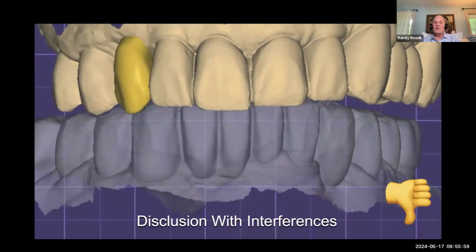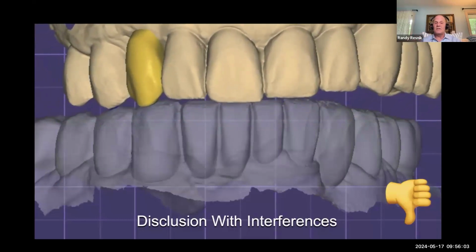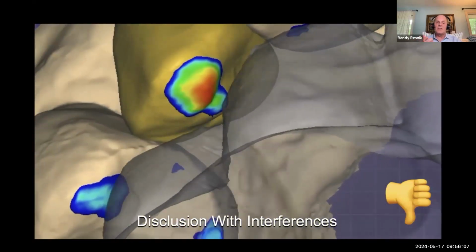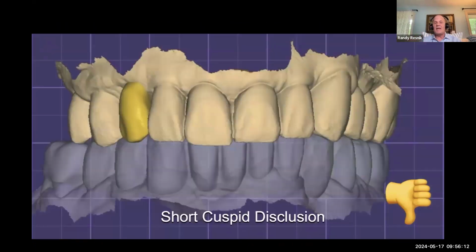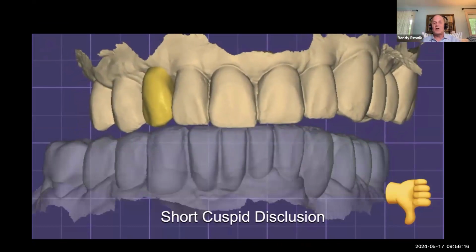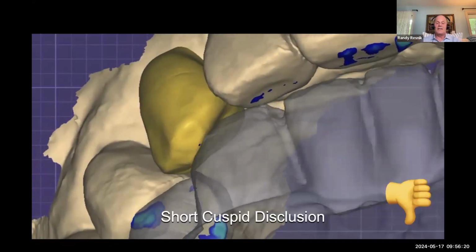But what we don't want to do is have a short disclusion where we get interferences, because now we go into a group function. So you want to make sure that your cuspid discludes the posterior without making interferences. And then you want to make sure that you don't make the cuspid so short that now you go right into group function and you have no contact on the cuspid.